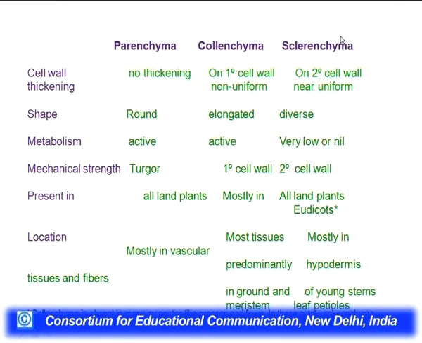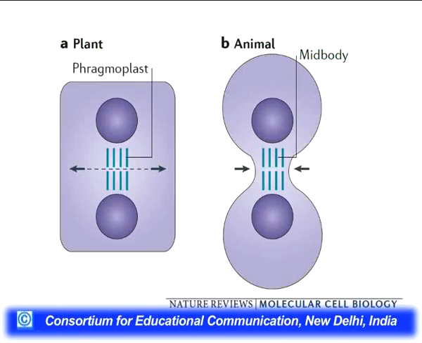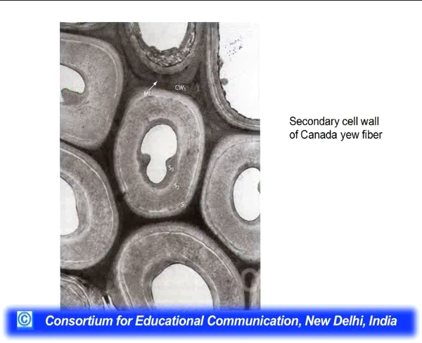In the previous class I told you what a primary cell wall is and what a secondary cell wall is. Maybe I can show you a slide that I showed you in the previous class. Look at this structure. This is the structure of a secondary cell wall from a Cannabis fiber. What you will find is that this is the one which was made when the cell was born.